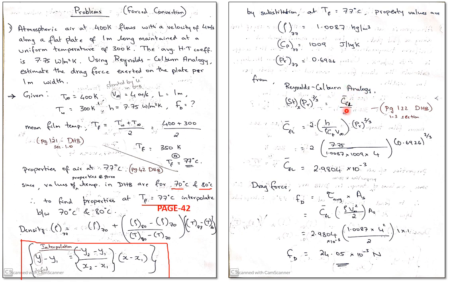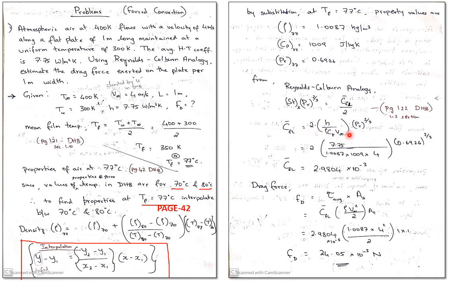This is just an analogy that you have to use. What is CFL? If you go to page number 121, there you can see in the notations, third column, page number 121. There you will get the CFX. You just replace X with L.